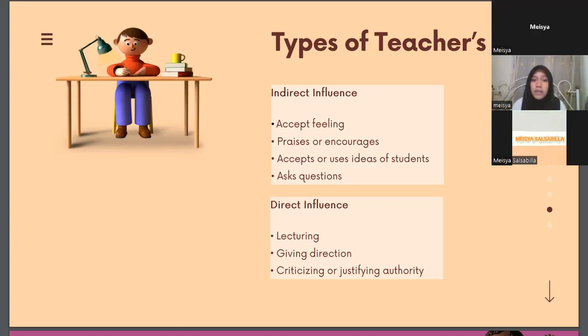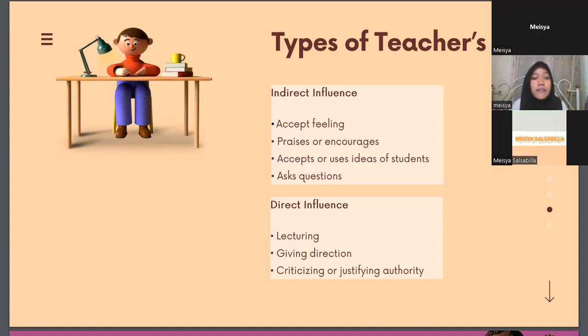Asking questions about content or material from the lesson, with the purpose that students will answer or give a response to the questions. And from the direct influence, there are lectures. In lectures, the teacher gives information to students, giving facts or opinions about content or procedure, expressing their own ideas, asking theoretical questions.